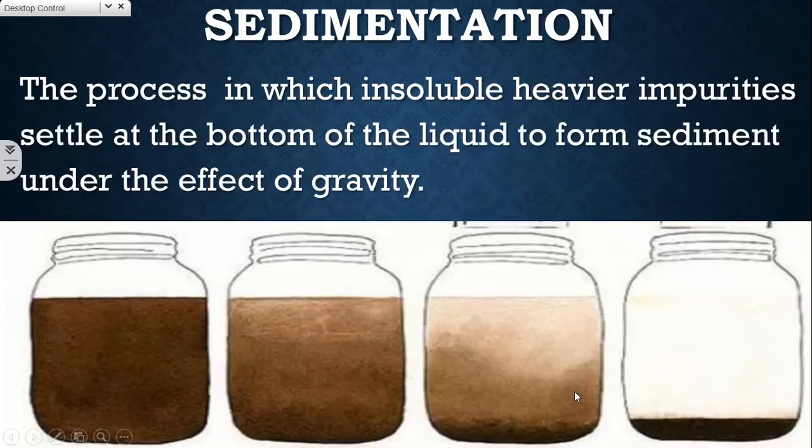First method is sedimentation, the process in which insoluble heavier components settle at the bottom of the liquid to form sediment under the effect of gravity. See, when you take a mixture which comprises solid and liquid.